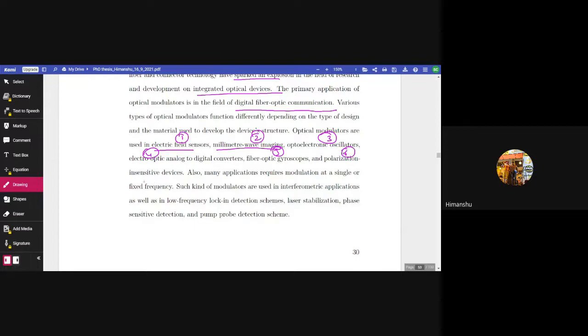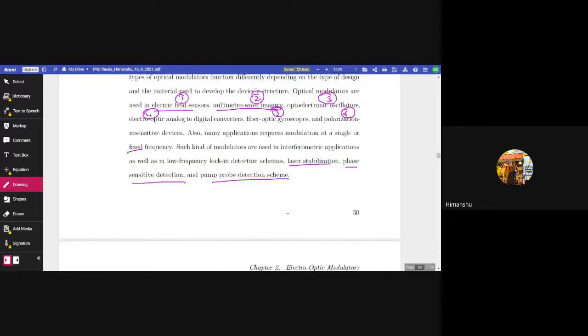Also, many applications require modulation at a single or mixed frequency. Such modulators are used in interferometric applications as well as in low frequency lock-in detection schemes, laser stabilization, phase sensitive detection, and pump probe detection schemes.